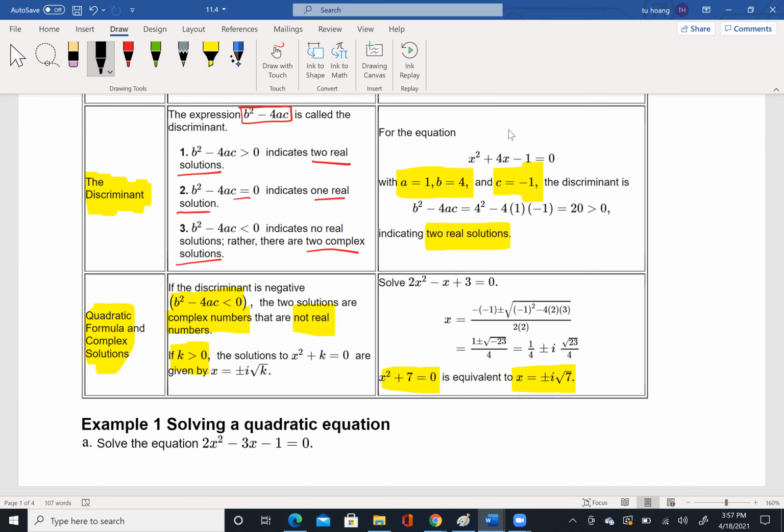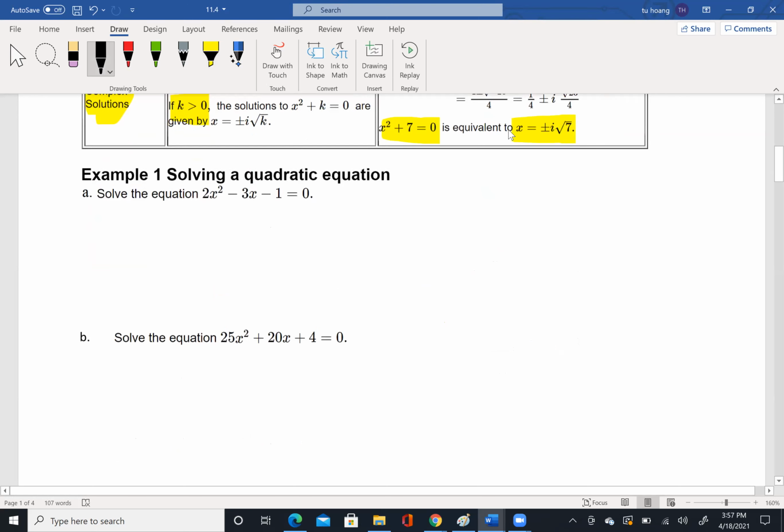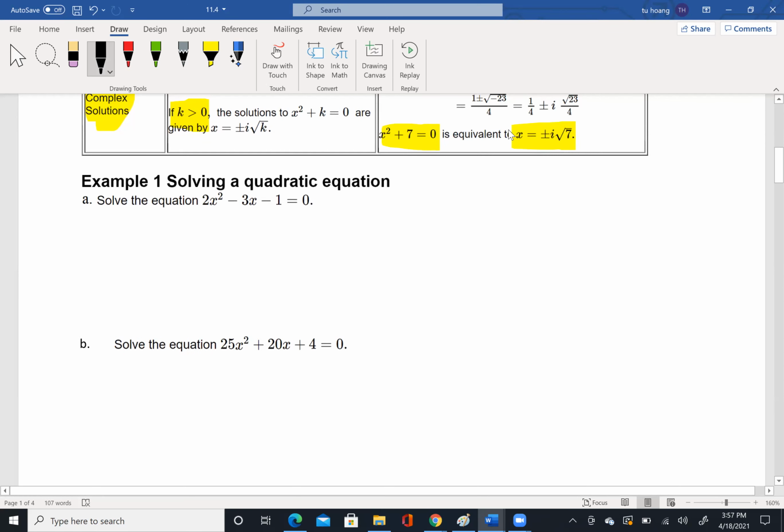Now let's do some more examples down here. Example 7, solving a quadratic equation. Solve the equation 2x squared minus 3x minus 1 equals 0.